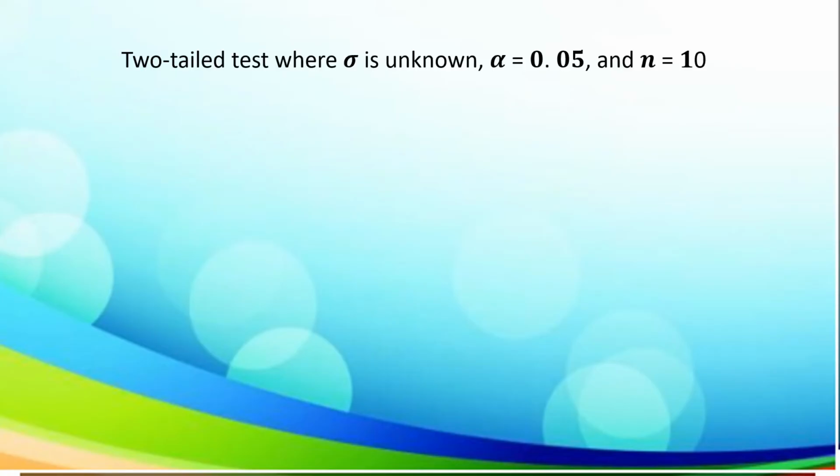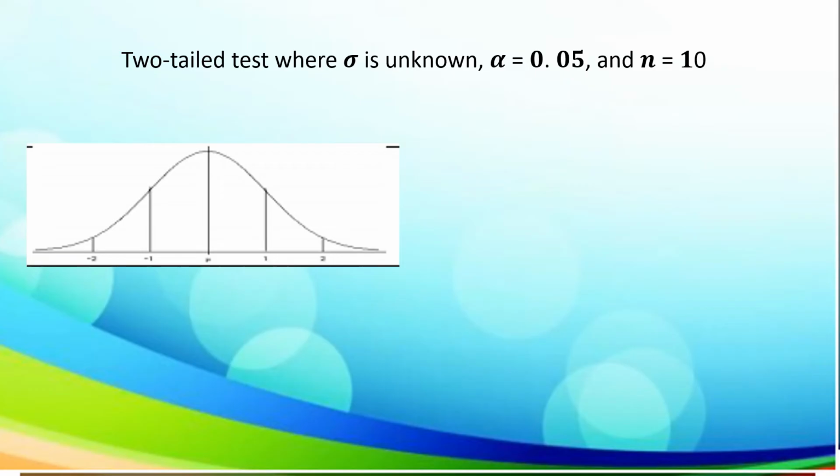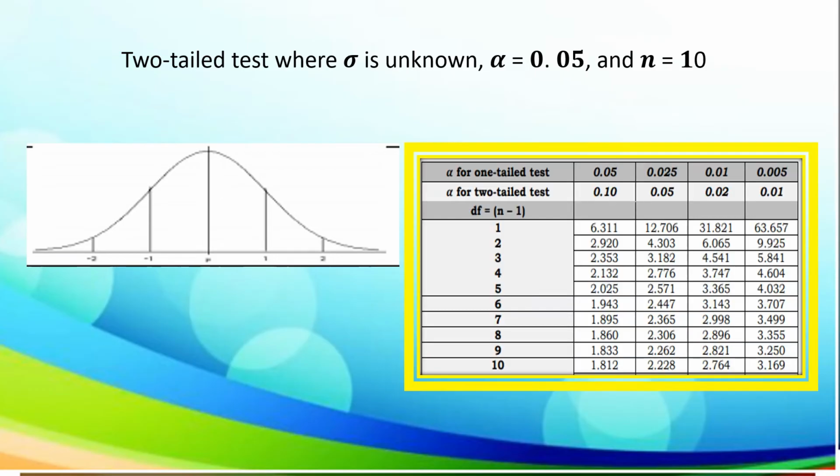Now, let's have another one. A two-tailed test where the population standard deviation is unknown, the level of significance is 0.05, with a sample size of 10. Here, we use the t-table since the sample size is less than 30. Using our standard normal curve figure, let us apply our t-table. We locate the value for two-tailed, which is here, and our level of significance, which is 0.05.